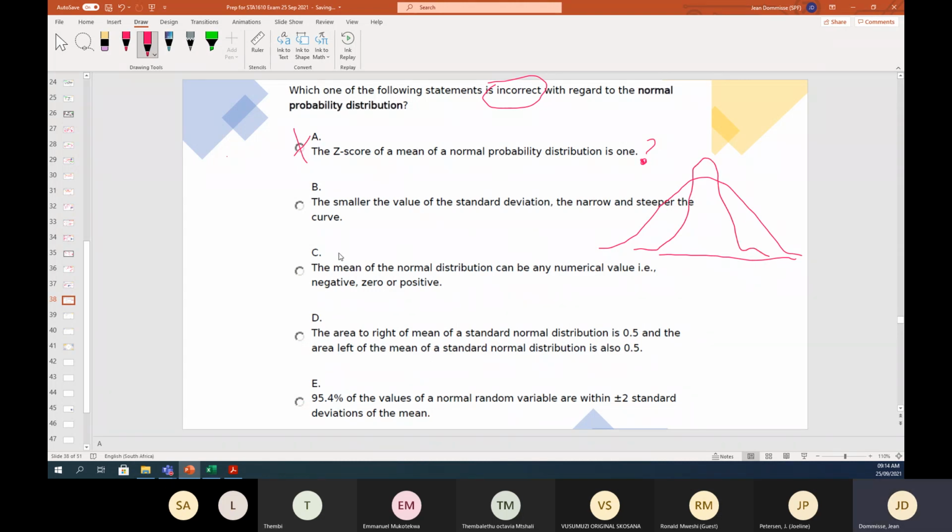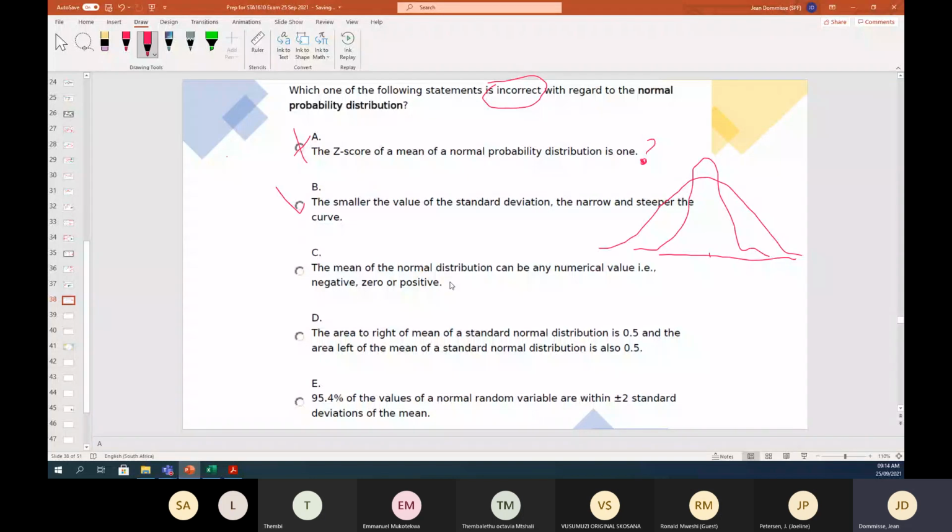So then it is, the smaller the standard deviation, the narrower and steeper it is. The bigger the standard deviation, the longer that normal distribution becomes. Okay, so that is correct. So let's look at the next one.